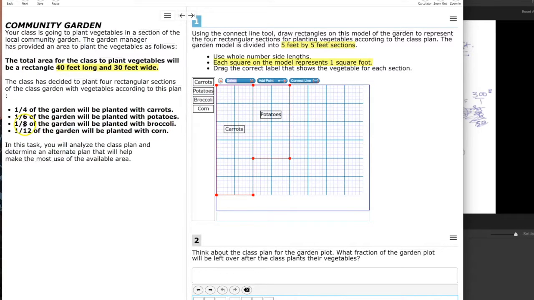And the broccoli is 1/8, which would be 6 squares. So 1, 2, 3, 4, 5, 6. And down. Okay, that was kind of weird. I'm going to delete that one.